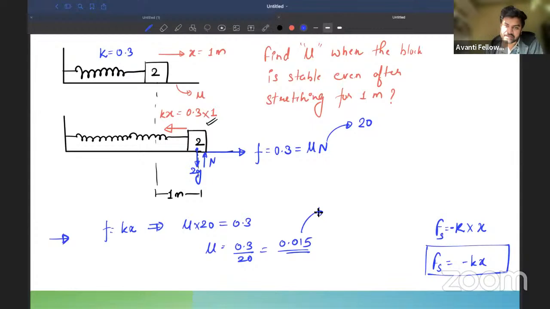ठीक है. अच्छा, ये फ्रिक्शन होगा कौन सा? It will be static or kinetic? क्या तुम लोग बताओगे? Answer in the chat, जल्दी फटाफट. अरे सोने वाले बच्चों, ये static होगा या kinetic होगा? Is the block moving? क्या तुम लोग सुन पा रहे हो मैं जो पढ़ा रहा हूँ?